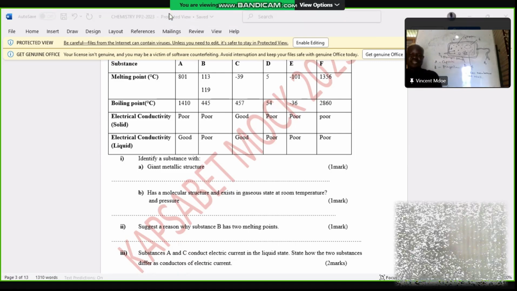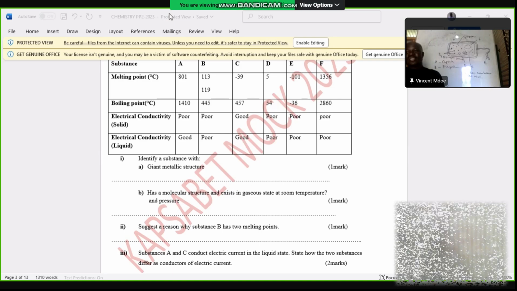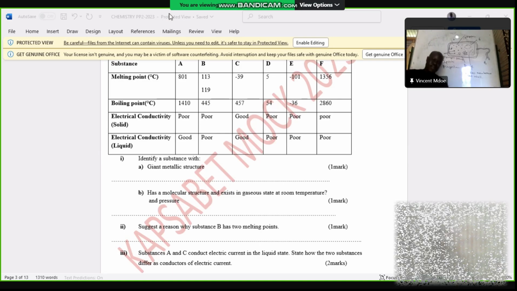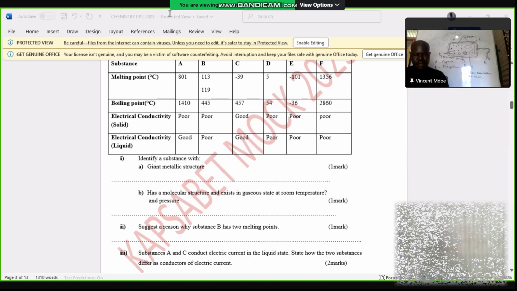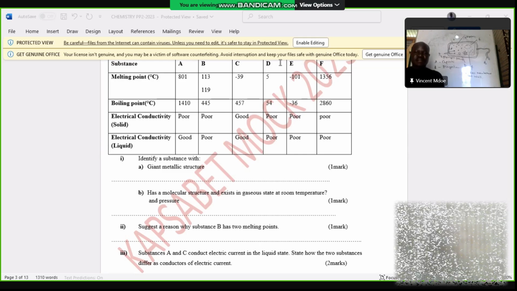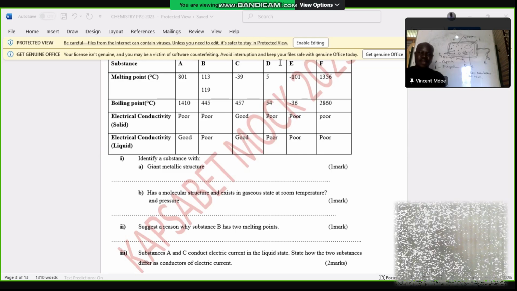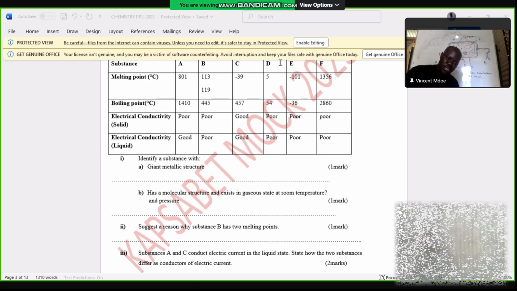Allotropy we define as the existence of different forms of an element in the same physical state. Like the allotropes of carbon include diamond and graphite. We also have the allotropes of sulfur: rhombic and monoclinic.